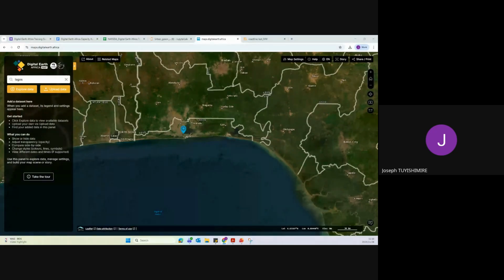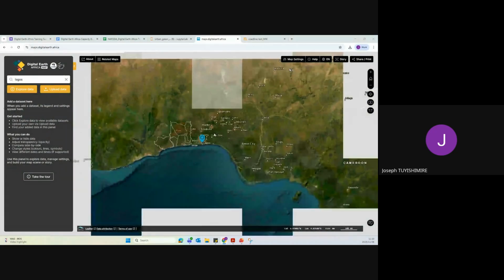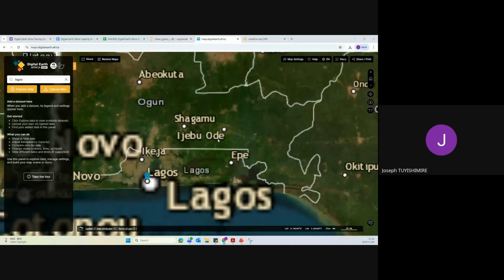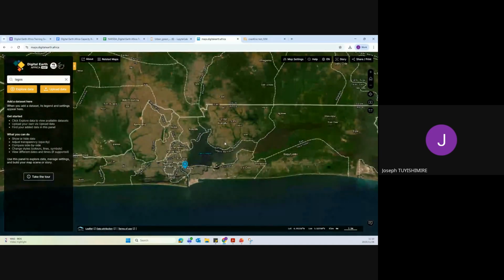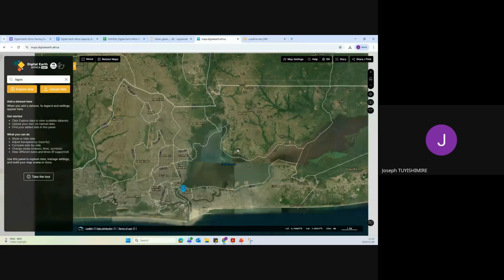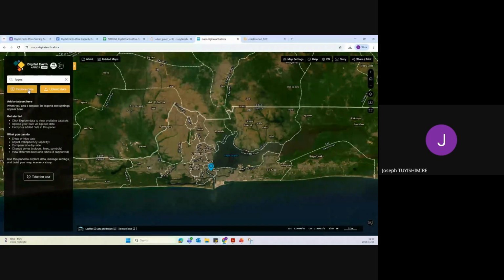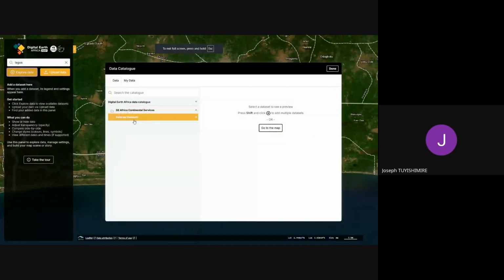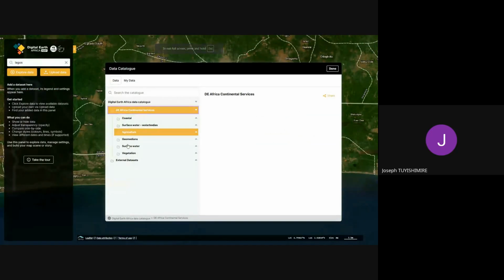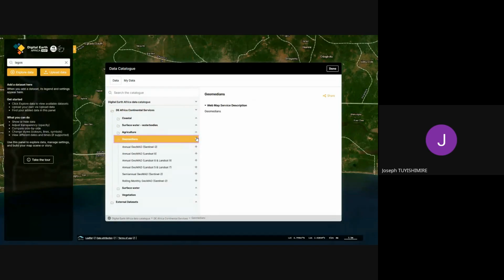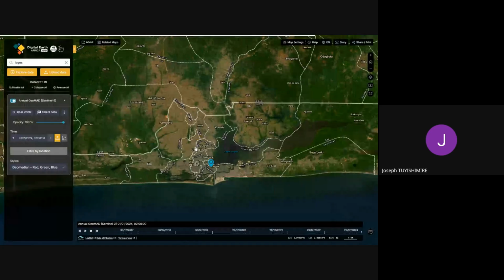If you'd like to go together with me, you can zoom to Nigeria. Let's say we go here around Lagos. For simple explorations, we can go to our data sets. You can go to our annual geomats. Let's go for Sentinel geomats.